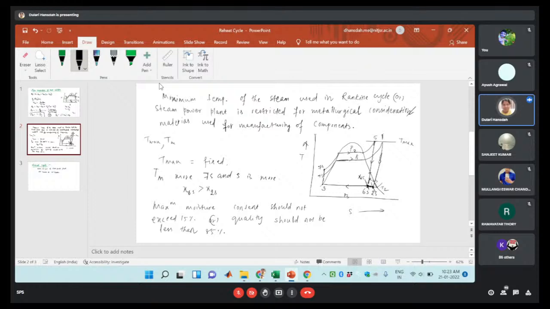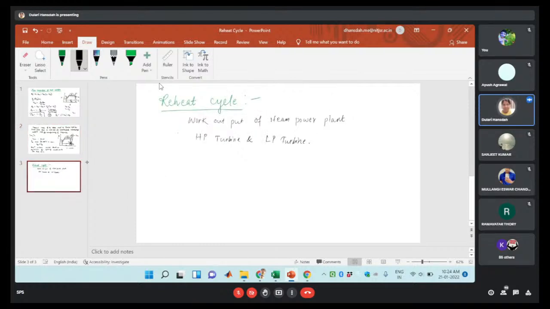So in order to limit the quality of your steam, what we are doing is increasing the Rankine cycle efficiency. So there, your P1 max is fixed.